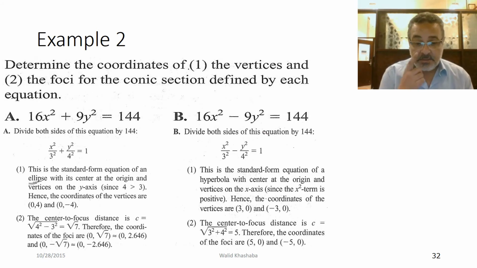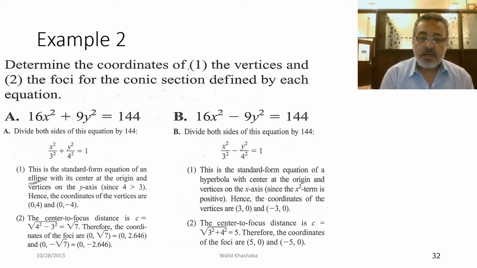The distance between the center and the focus of the curve, it's a hyperbola because of the negative sign between x and y, unlike before, where the sign between x squared and y squared was positive, that's why it was an ellipse.